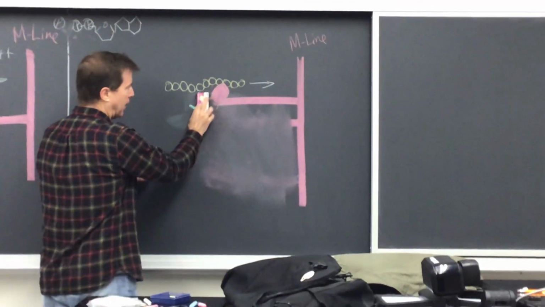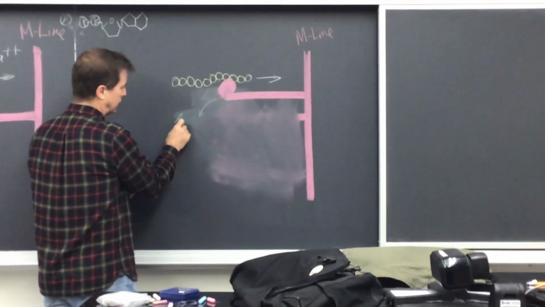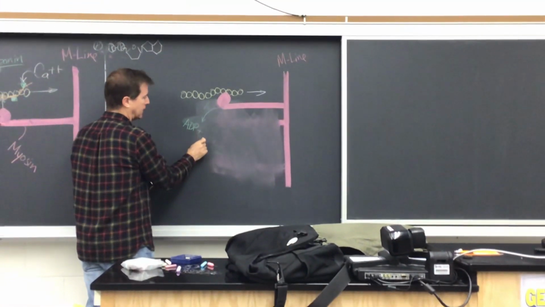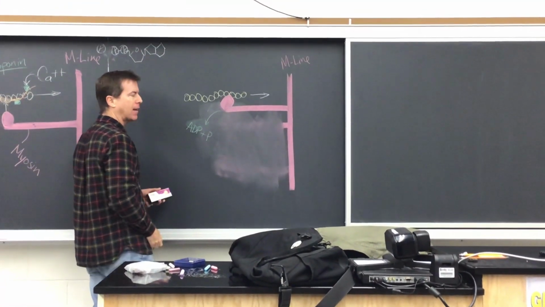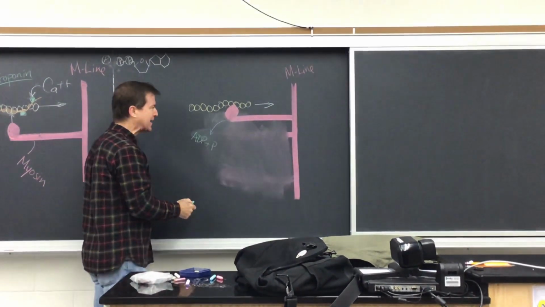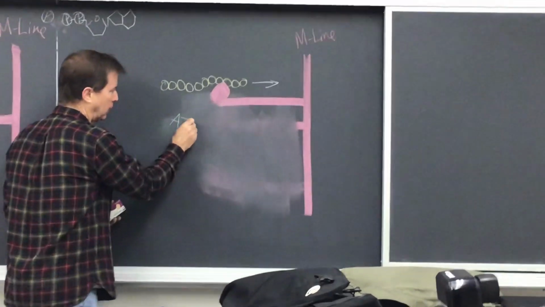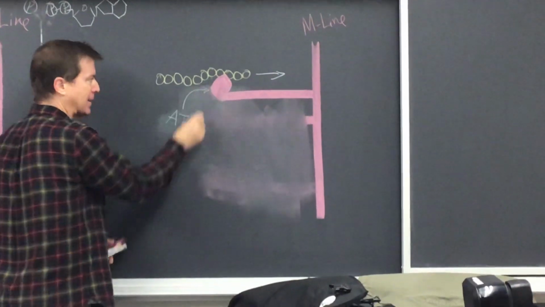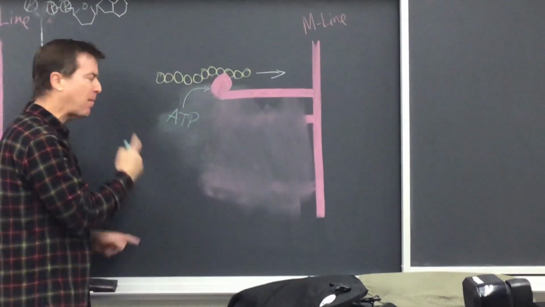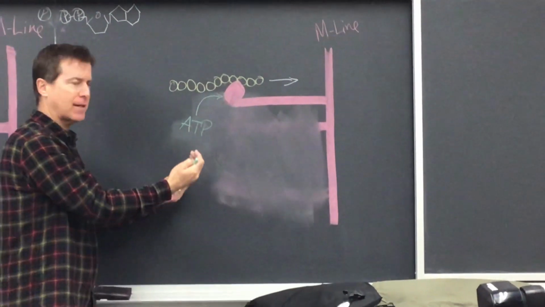After it pulls, the ADP and P drop off, dissociate from the myosin head, but this remains bound to actin until a new ATP molecule attaches to the myosin head. Only after that point does myosin release, and then the whole process starts again.